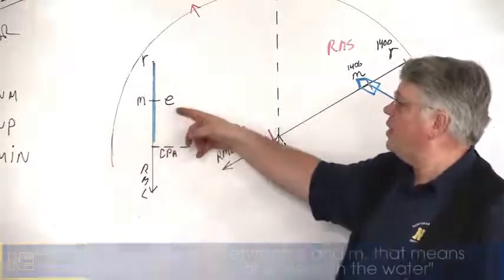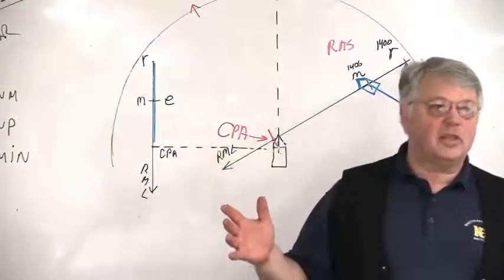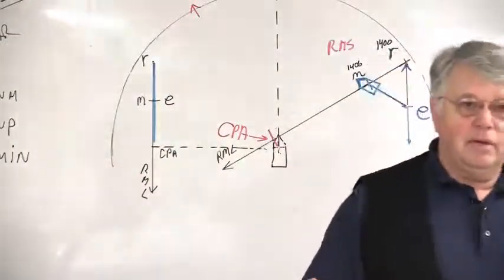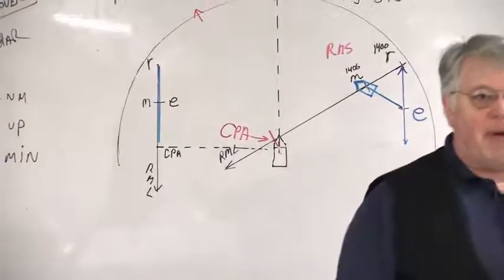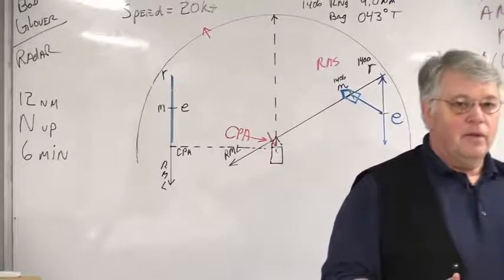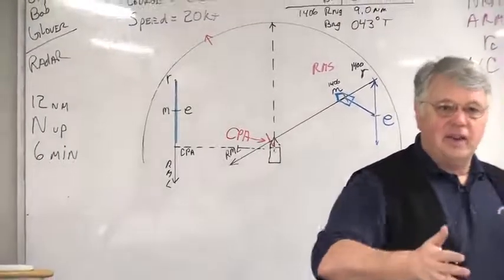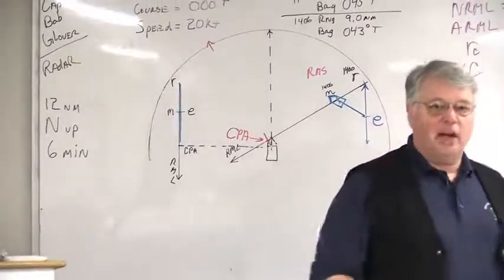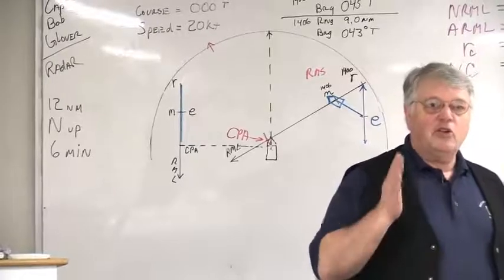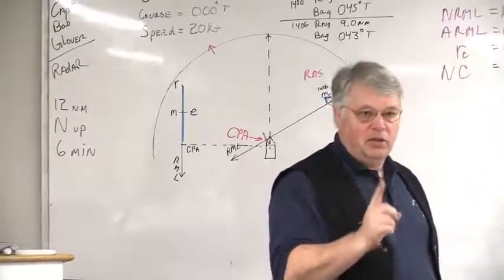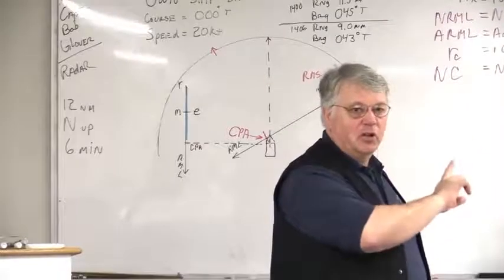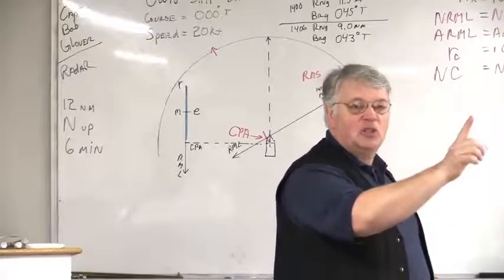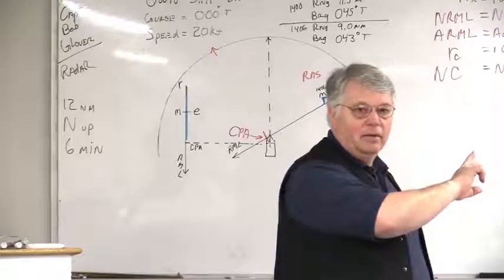In reality, think of this as a buoy. And you're going down a channel and you see this buoy off the port bow. The buoy is actually in place, isn't it? It's anchored to the bottom with a concrete block. But as you go by it, relative to you, that buoy is going in the opposite direction, or a reciprocal course, to you at the speed you're traveling at.